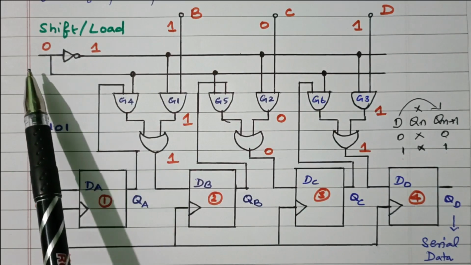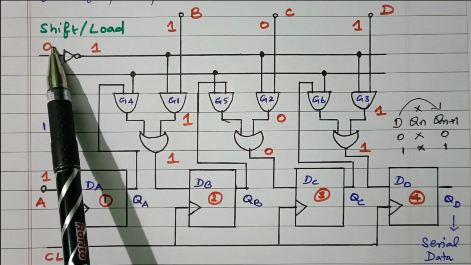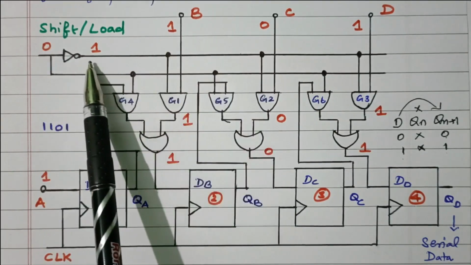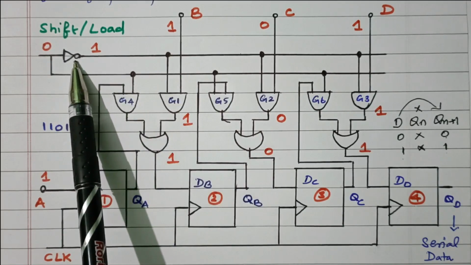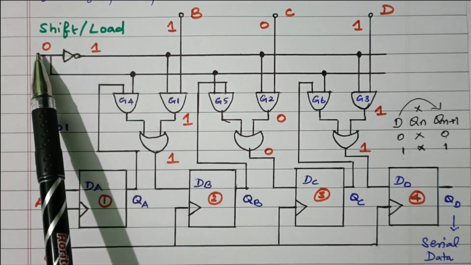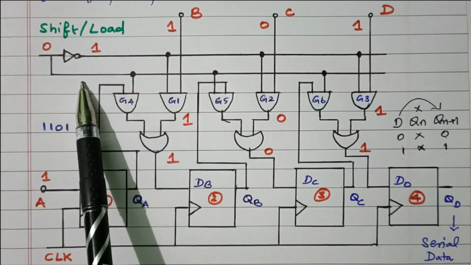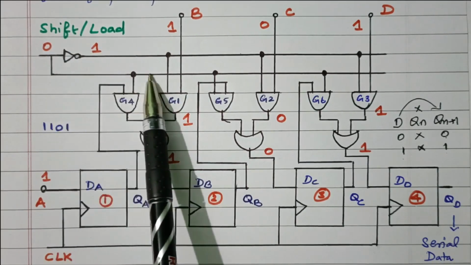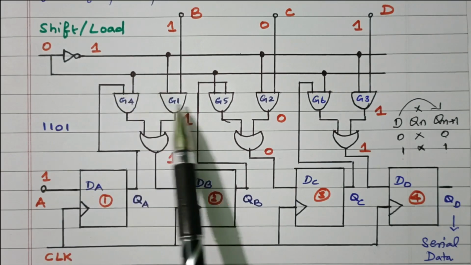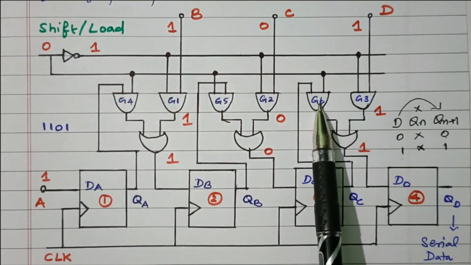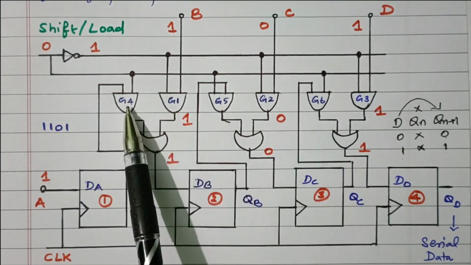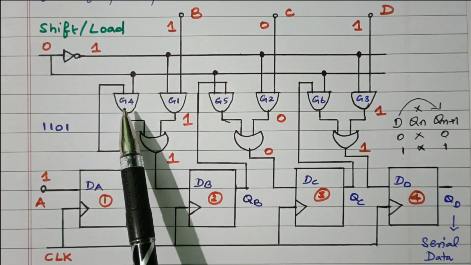Now we'll see what will happen if it is 0. This is the control line. It decides whether it is shifting or loading. Suppose it is 0; after the NOT gate here it is 1. This line will be 0, and the same thing will be 0 here. Due to 0, G4, G5, G6 will be 0 only, disabled. They will not give any output because of the AND gate.